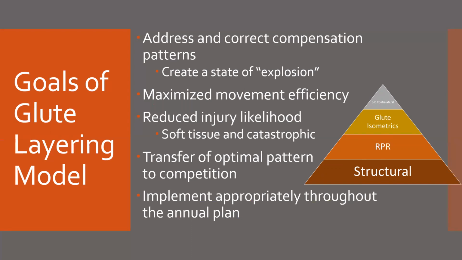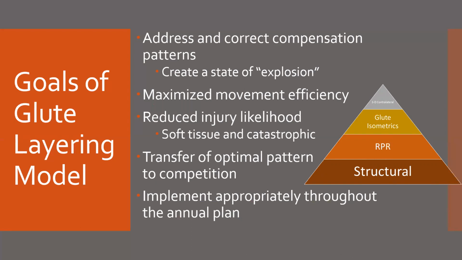How active are the muscles while they're producing force? And then if we change their pattern to more efficient, does that increase their force while decreasing their true muscle output measured through that EMG? These are just all aspects to consider in creating that efficiency. So that's going to reduce the injury likelihood, both soft tissue and catastrophic. And then obviously throughout the annual plan, you want to make sure that you're transferring these patterns.